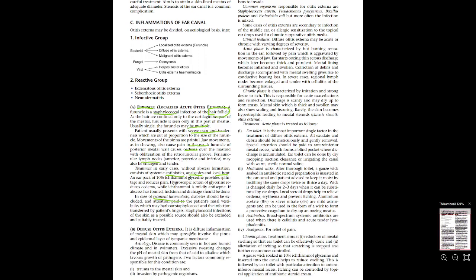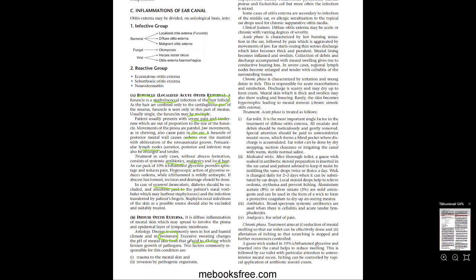Okay, then there's diffuse otitis externa. The most important point is that it is also called swimmer's ear, and this is the most important differentiating point, because they're always swimming and water is going inside their ears, and the environment is hot and humid, so the excessive sweating changes the pH of the meatal skin from acidic to basic, which favors the growth of pathogens.